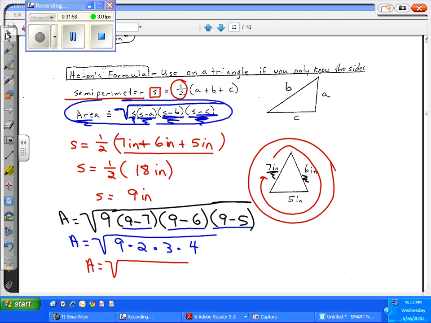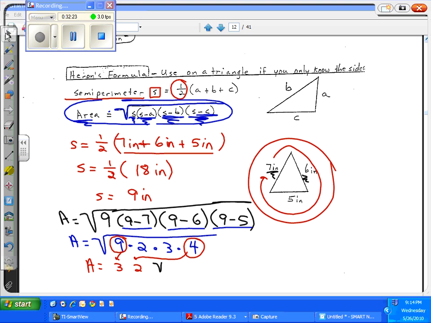Now, hopefully we know enough about radicals and square roots and breaking them down that if we see a perfect square like 4 and 9, we know we can bring out their perfect square factors. 9 is 3 times 3, so you pop out a 3. 4 is 2 times 2, so you pop out a 2.